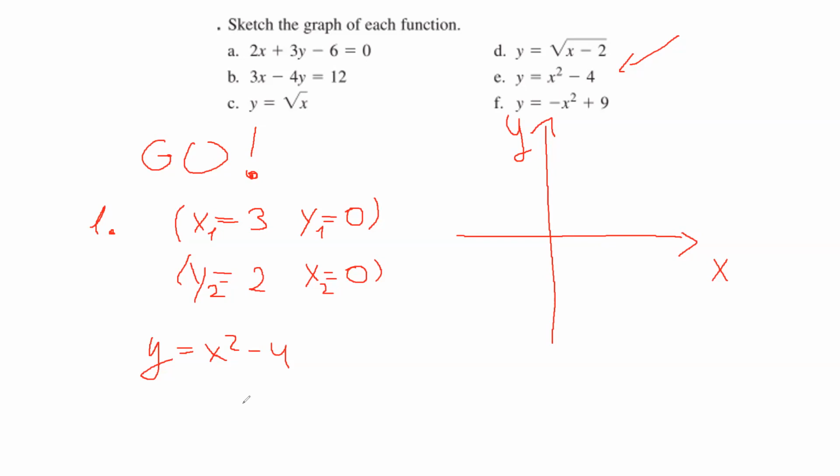I forgot what the formula was. It was like b over something. I believe there was b over the square root of something. Negative b over 2a. Yeah, negative b over 2a, that was the one.